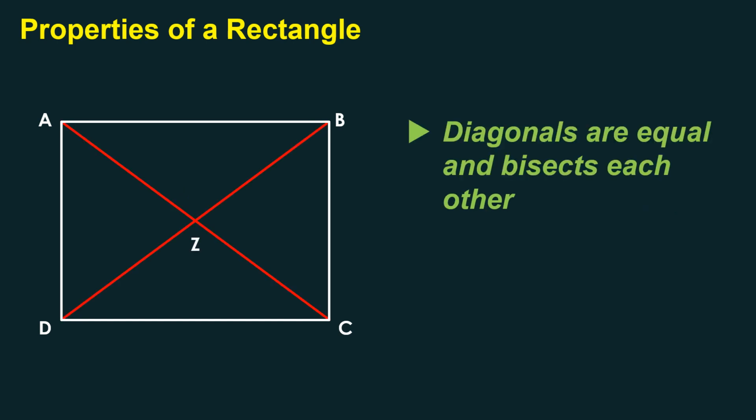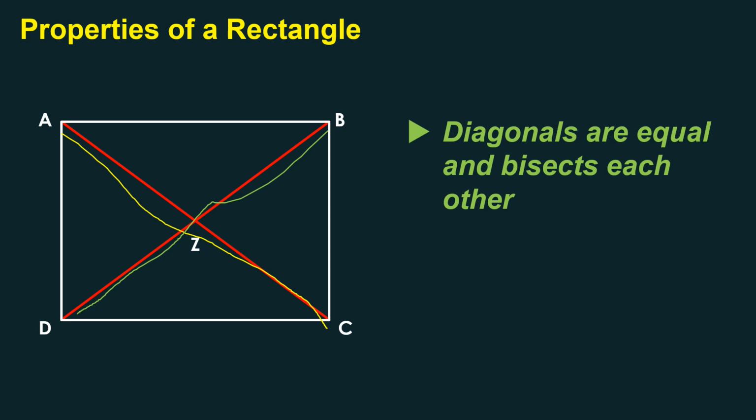Next, diagonals are equal and bisect each other. So these diagonals here, diagonal AC and diagonal BD, are equal, and they have the same length, and they also bisect each other.